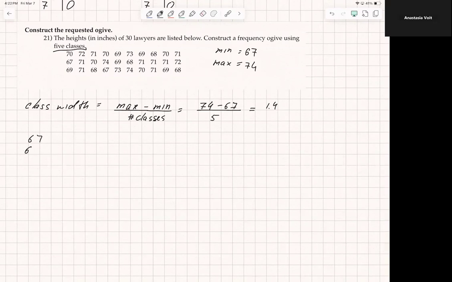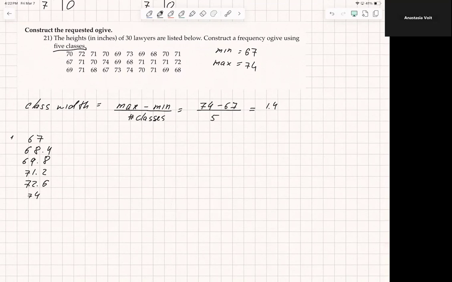So 67 plus 1.4, that's going to be 68.4. Next one will be 68.4 plus 1.4 is 69.8. Again, plus 1.4, that's going to be 71.2. And the next one would be 71.2 plus 1.4, that's 72.6. Now 72.6 plus 1.4 is going to be 74.